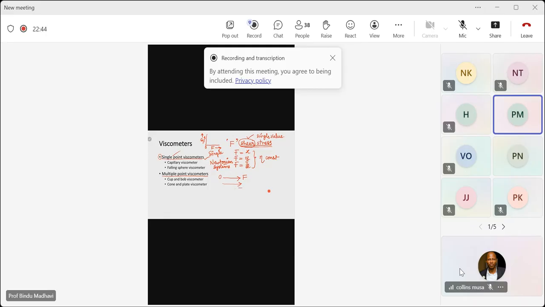So they require what is happening to viscosity when you are increasing or decreasing the shear. So single point viscometers are not suitable for non-Newtonian systems. When it is a non-Newtonian system, we need to go for multiple point viscometers. Hope I am clear.